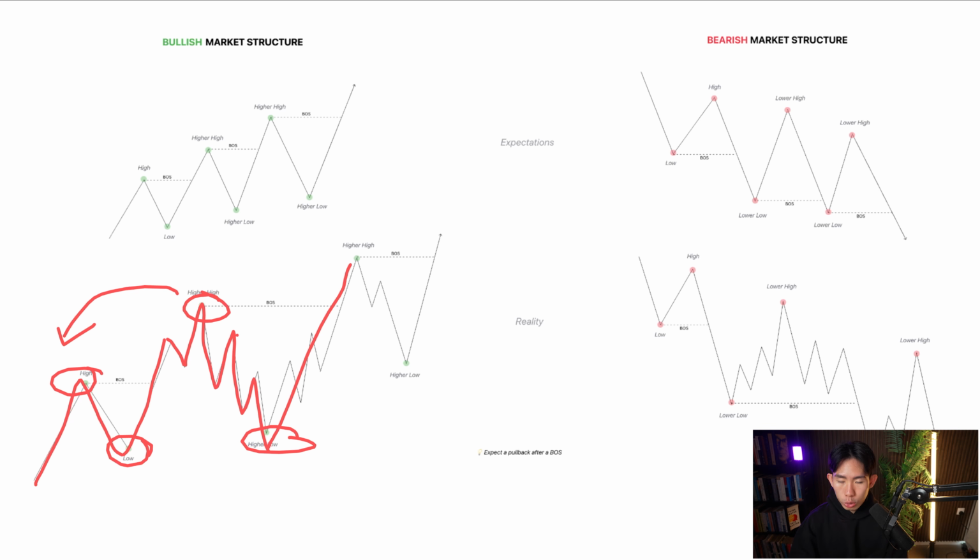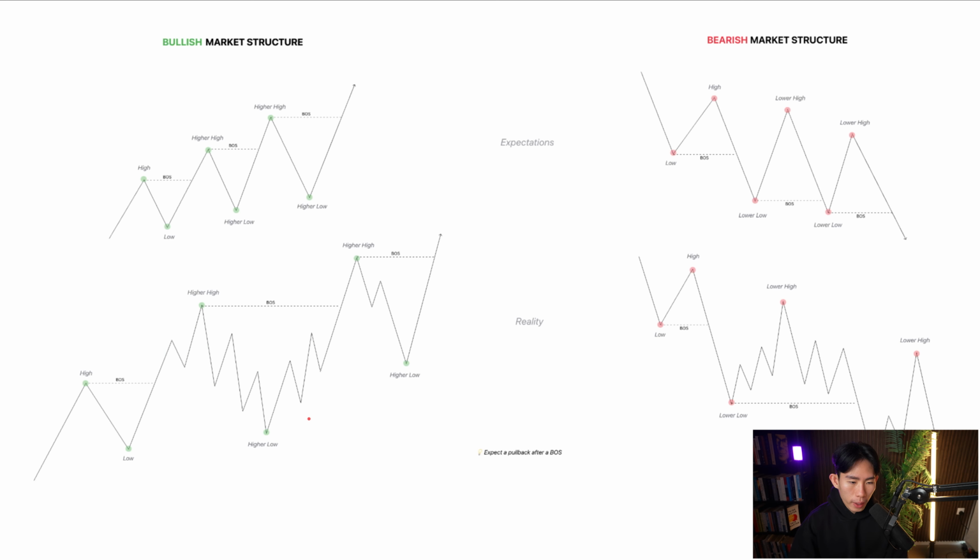Now, I'm going to go through the concept of internal structure, where we talk about all of these tiny little picks that are going on right here, later on. But for now, just keep things simple and just know that as long as you implement the principles that we are going to be teaching here, you will not be lost. So, yeah. And that's how break of structure is formed, right?